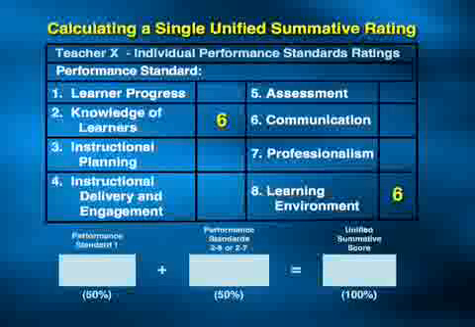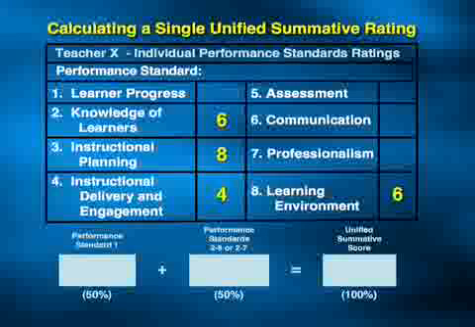In the other two observable standards, Standard 3, instructional planning, is highly effective, contributing 8 points, while Standard 4, instructional delivery and engagement, is demonstrated at a developing level, contributing 4 points.